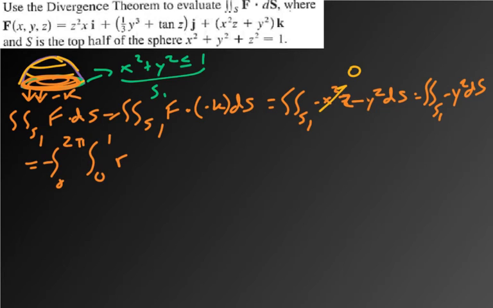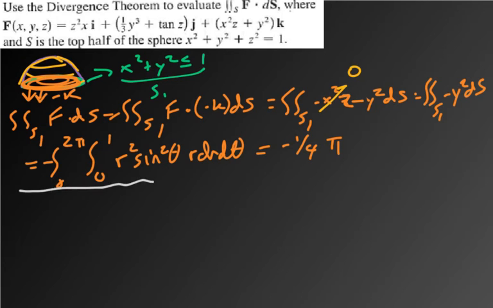You can pull out the negative. Then you'll have r squared sine squared theta in there, and then r dr d theta as the Jacobian. You can do that the way you're used to, no real weird tricks. You'll get negative a quarter pi.